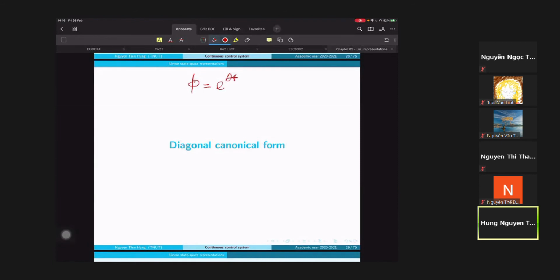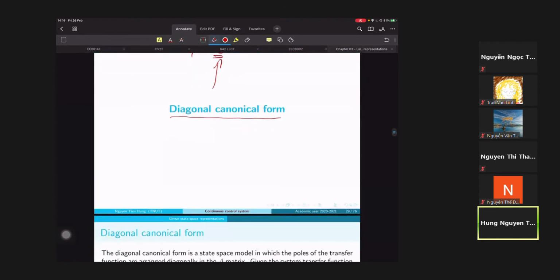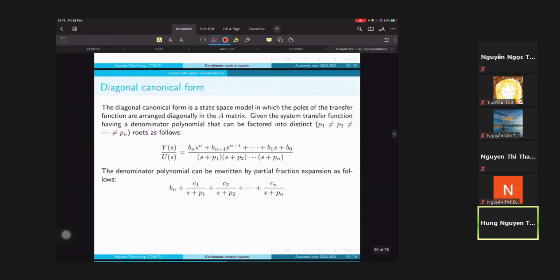If you can find this, then we can easily solve the problem. So we have another form. If you can represent the system in the diagonal canonical form, then we can find this easily. So we will learn how to represent a system in the diagonal canonical form, and first, let's look at what this is.